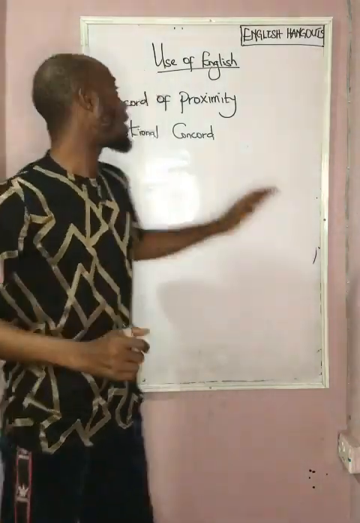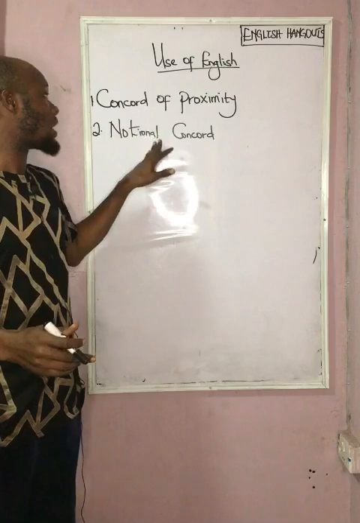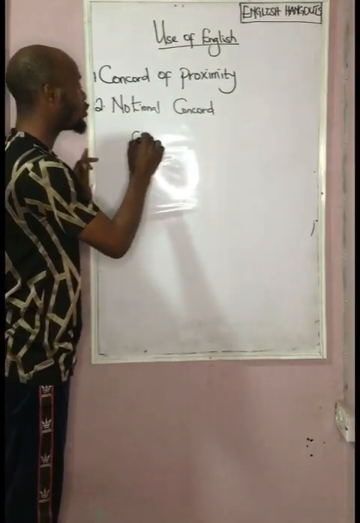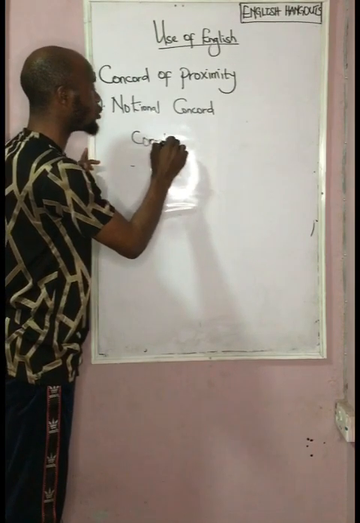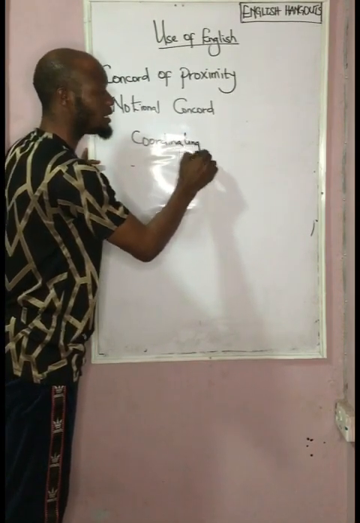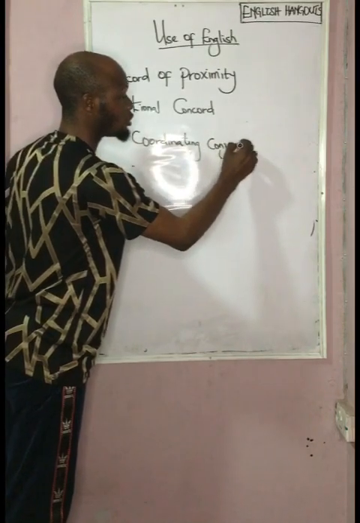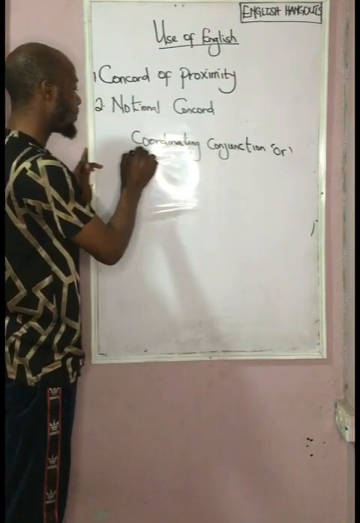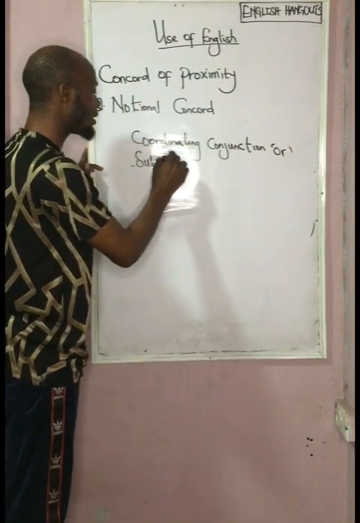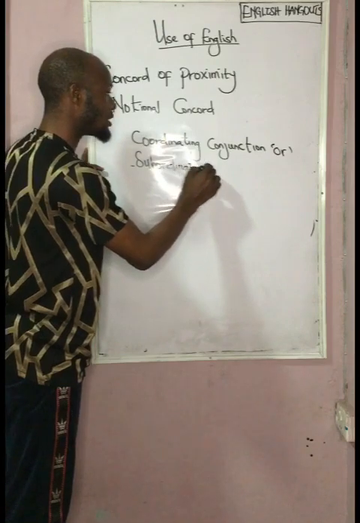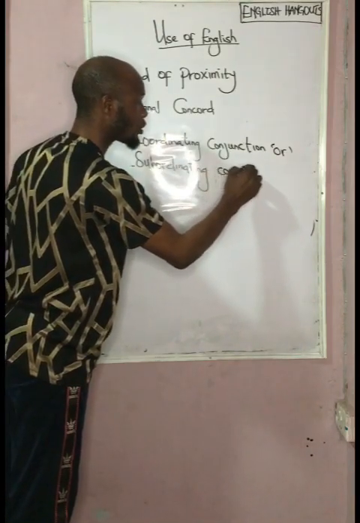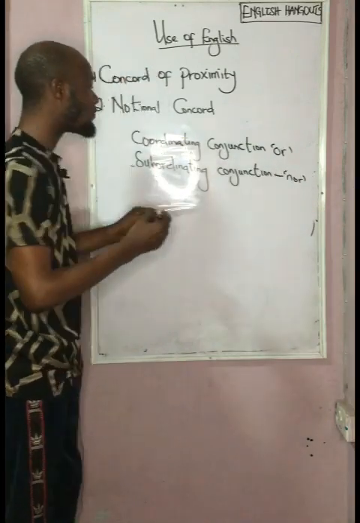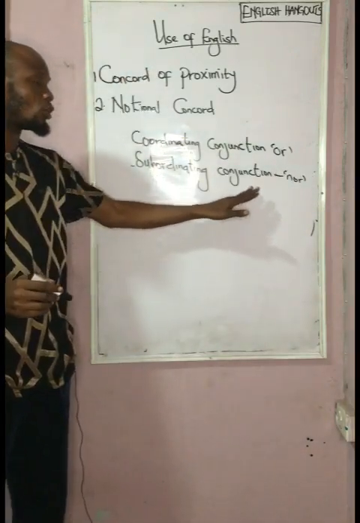So we want to look at concord of proximity. Concord of proximity is basically determined by the use of coordinating conjunction, or, and subordinating conjunction, nor, and any other forms of subordinating conjunction.